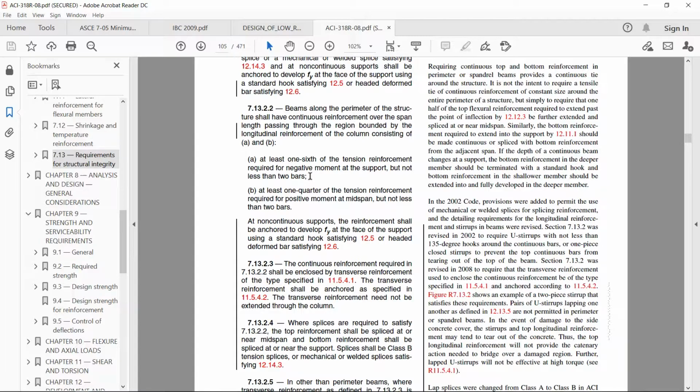My intention is to give you a concept that if you want to be a real structural engineer, then you have to check these values. You have to check these clauses. You have to check these paragraphs along with your output.